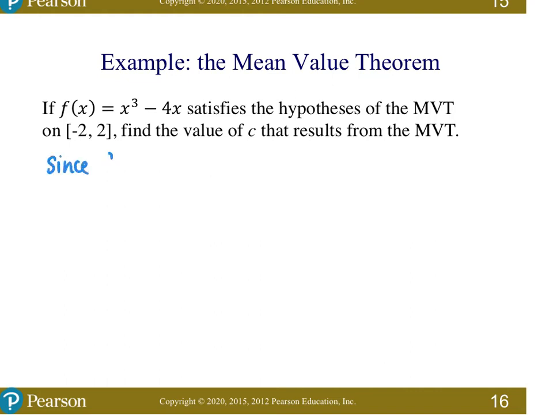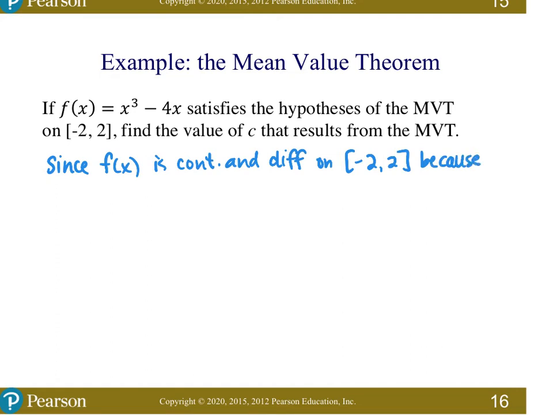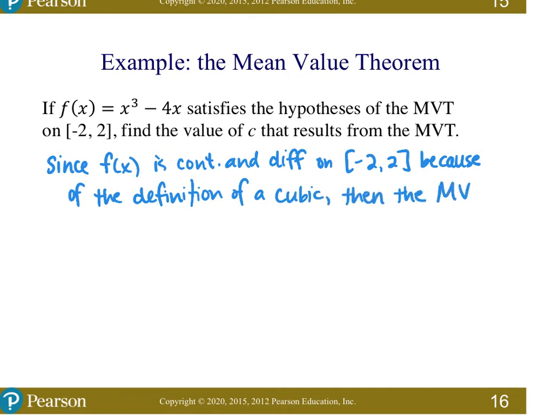So we would just clearly state, since f of x is continuous and differentiable on -2 to 2 because of the definition of a cubic, then the mean value theorem applies.